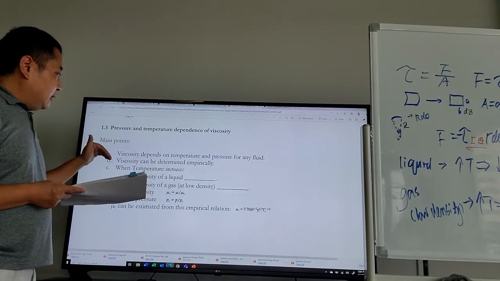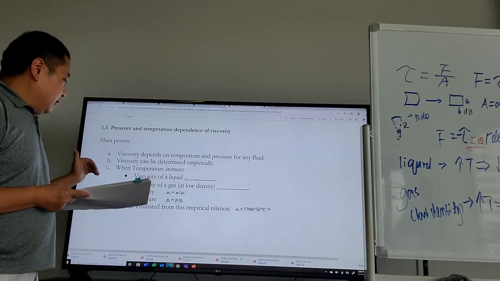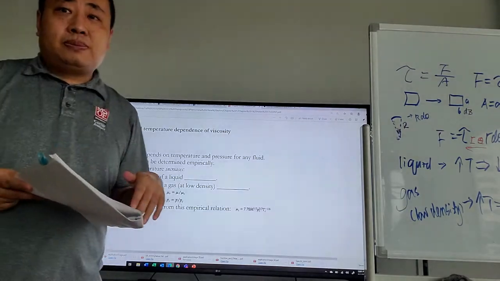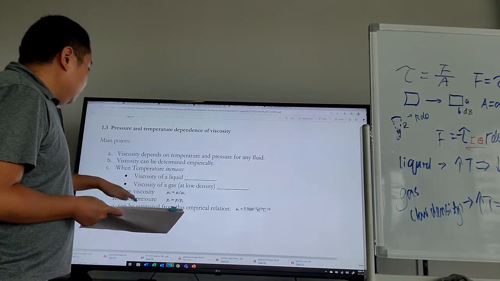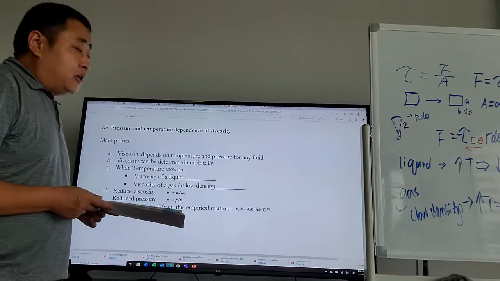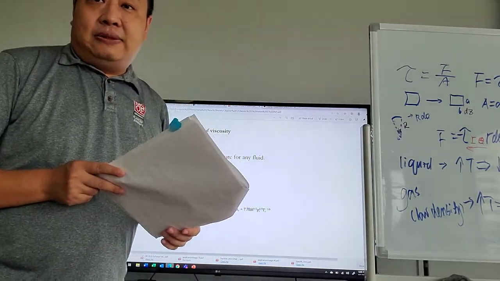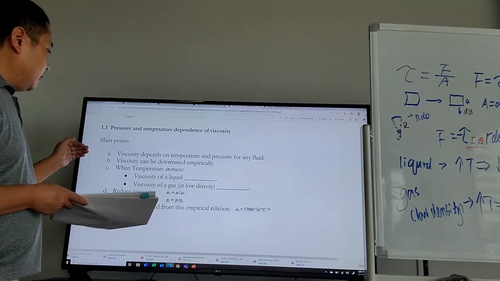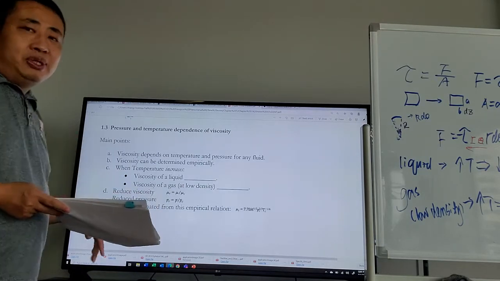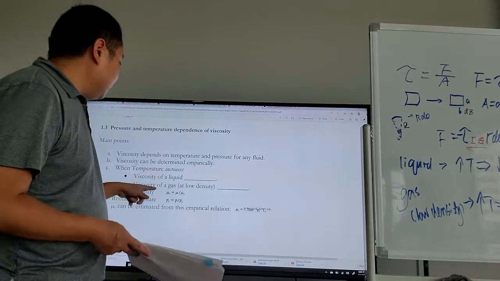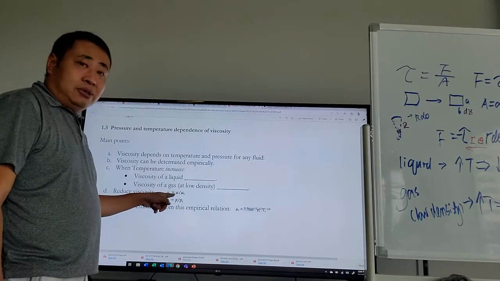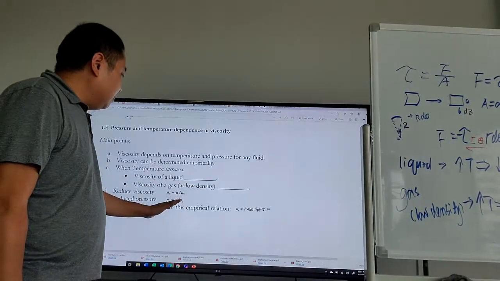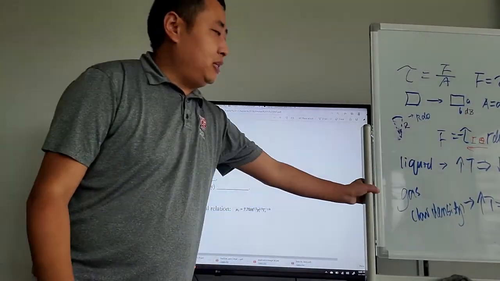So here let's talk about reduced viscosity and reduced pressure. This is important for us to determine the viscosity empirically. For reduced viscosity, reduced pressure, and also reduced temperature, we basically define it as the value of viscosity, pressure, or temperature divided by the values at the critical point.